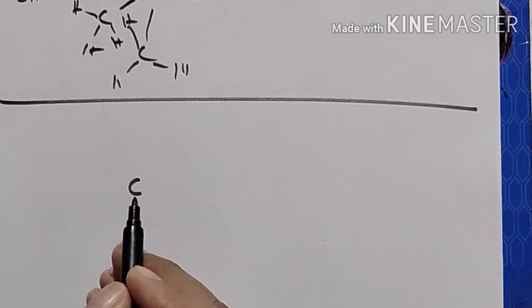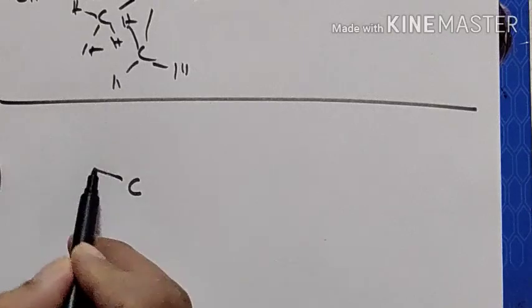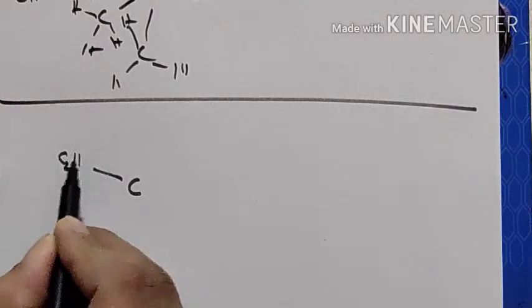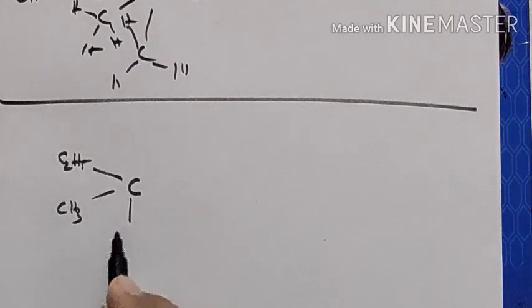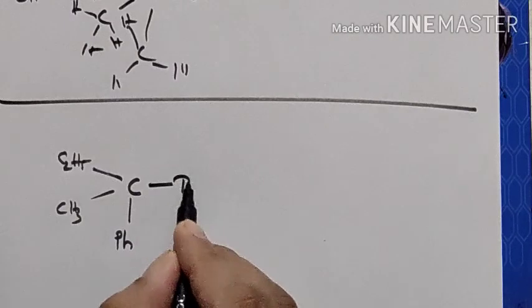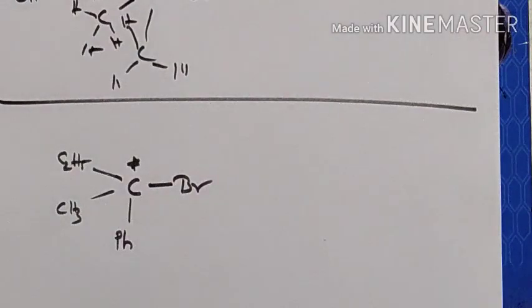What is an asymmetric carbon, student? If all the four groups attached to the carbon are not the same. Suppose I take here C2H5, here CH3, here one phenyl group, right? And then I have Br. So this is an asymmetric carbon, right?